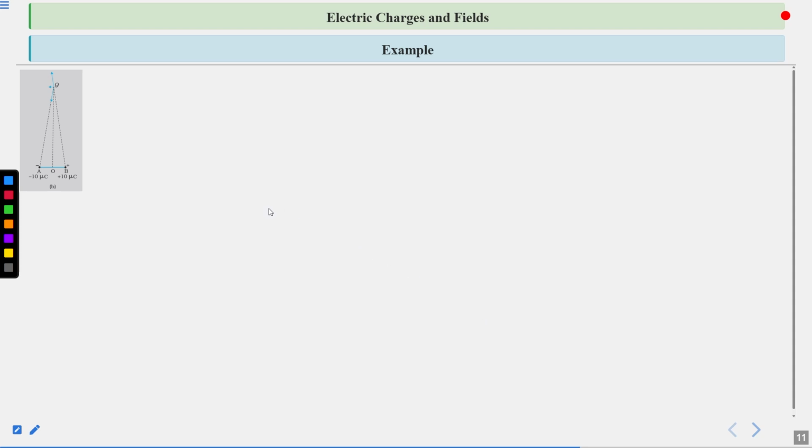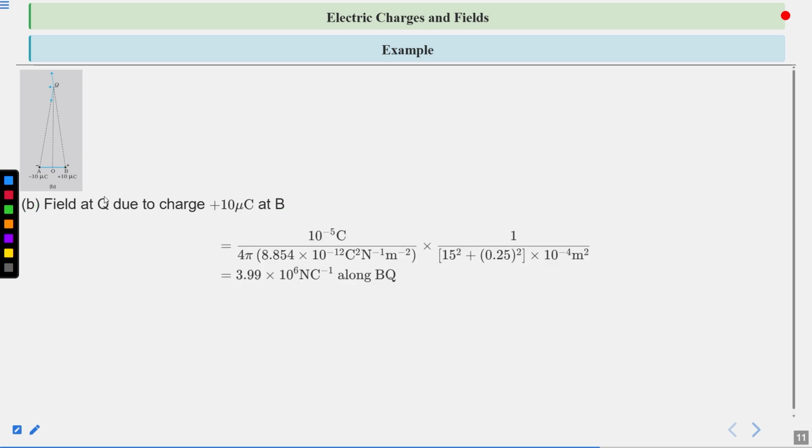Now, second is the field at point Q due to charge plus 10 microcoulomb at point B. Point B is this one. So the charge is 10 raised to the power minus 5 coulomb divided by 4 pi epsilon naught, whose value is 8.85 into 10 raised to the power minus 12 coulomb square per Newton per meter square, into 1 divided by the distance, 15 square plus 0.25 square, converted into meter square.